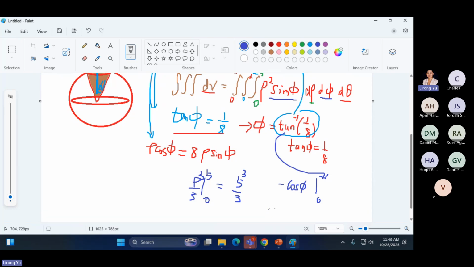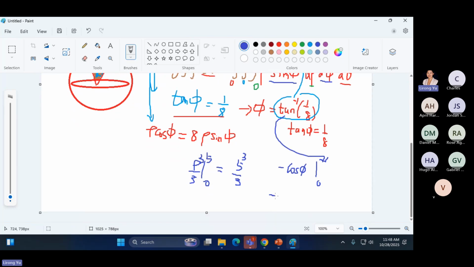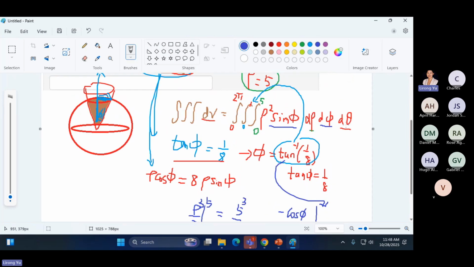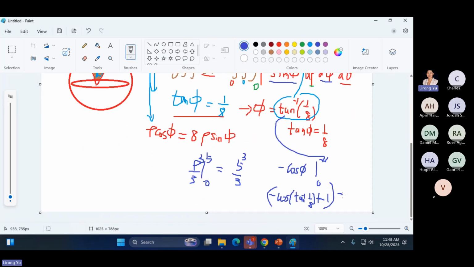It's a little weird. So it would be negative cosine of tangent inverse 1 over 8 for the upper limit, minus negative cosine 0 for the lower limit. Cosine 0 is 1, so plus 1. That's the base. And last, d theta from 0 to 2 pi gives us 2 pi. So this number times this number would be the full answer. This will finish the whole question.